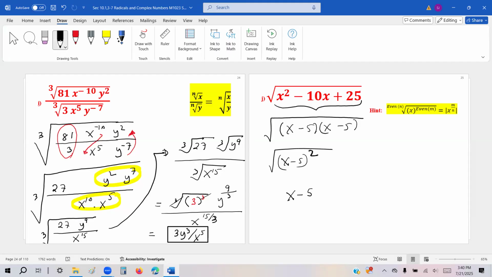Definitely has to be positive. So in order to guarantee that x minus 5 is positive, we have to put the absolute value sign. And in my method, if you don't put this absolute value sign, they'll mark you wrong, because you have no idea what x is. And minus 5 is telling us it could be positive, could be negative, we don't know. Anytime the square is inside, the result has to be positive. But if the square root is inside, we don't know. It could be positive, it could be negative.